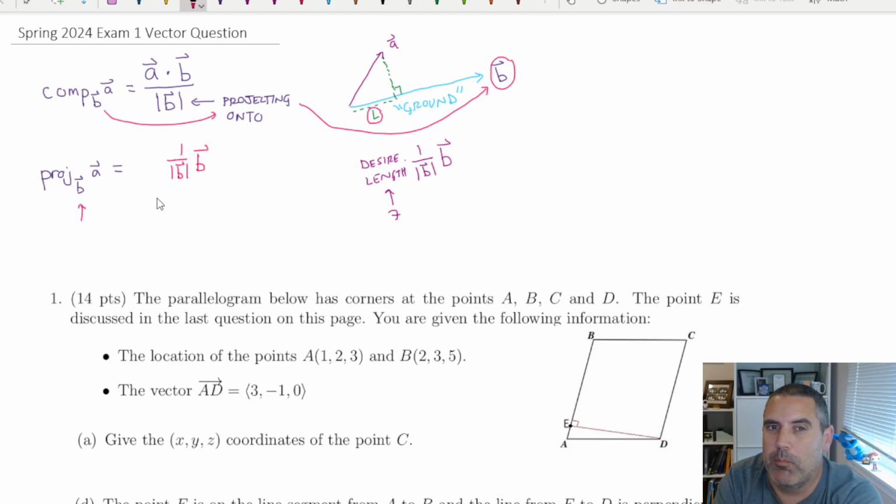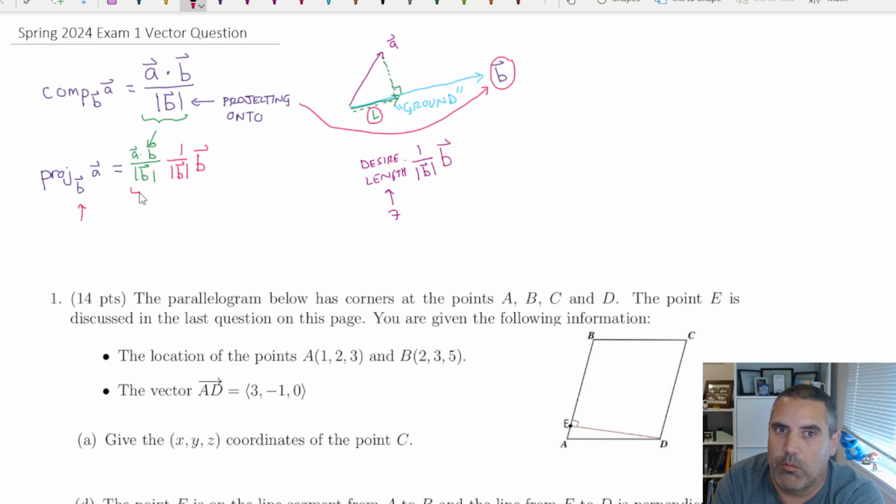And then I'm going to multiply by the desired length. This is the desired length right here. And it's going to go there. And that is this other formula you see sometimes. The only difference is the first one gives you a number, and the second one actually gives you the vector. But really what it's doing is rescaling.